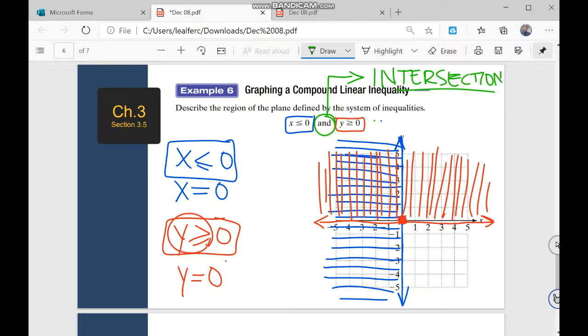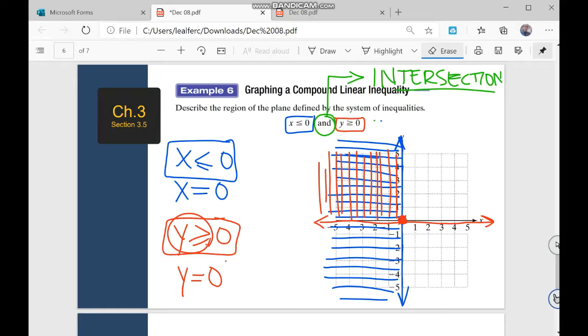This area here has only red. We don't need only red. This area here has only blue. We don't want that, we need red and blue. But this area has both red and blue. And this is the intersection. This is the answer for our compound inequality.